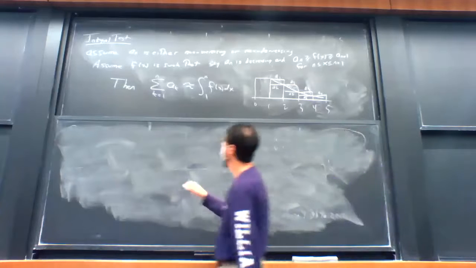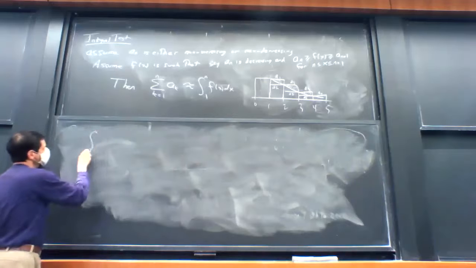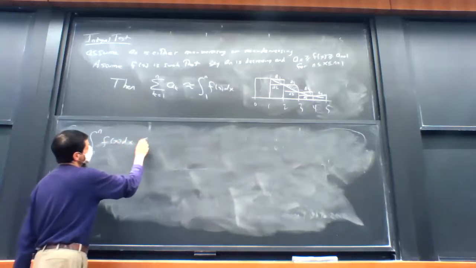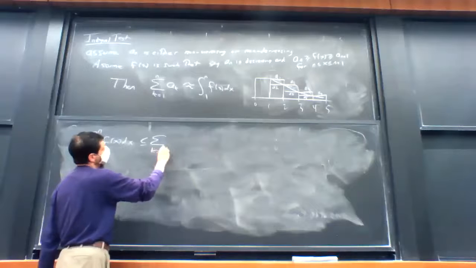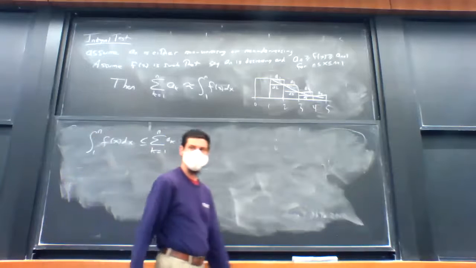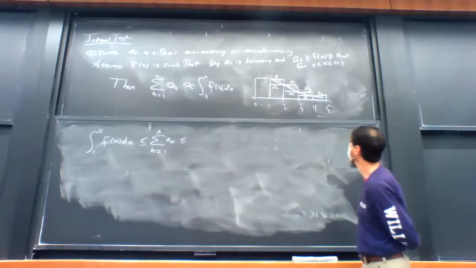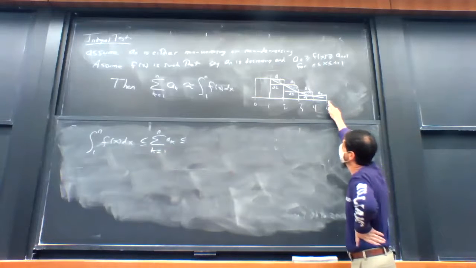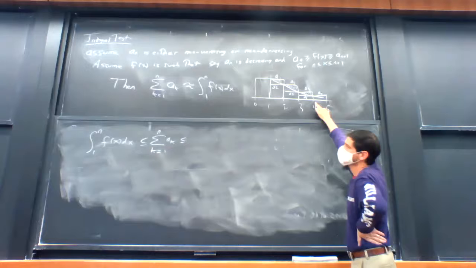And so now we know the integral from 1 to n of f of x dx is less than or equal to the sum, k goes from 1 to n of ak, and that's going to be less than or equal to... So before, let's say n equals 4.